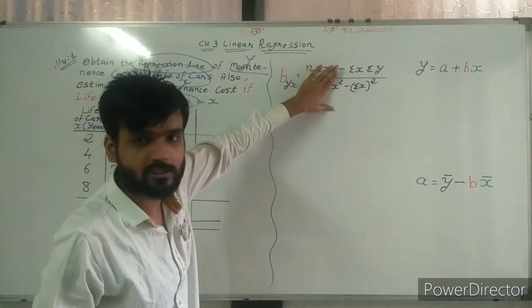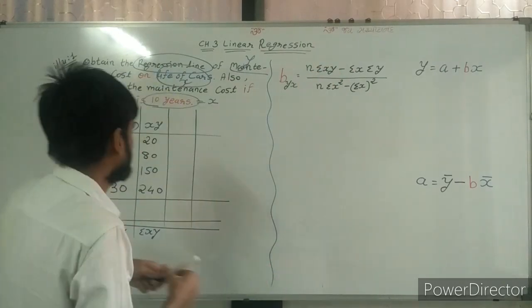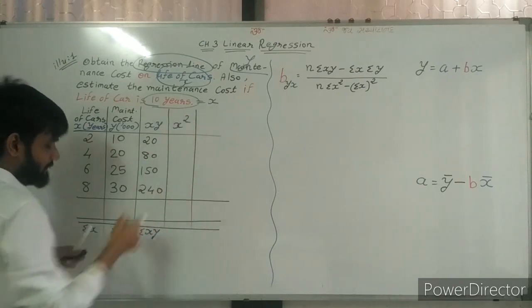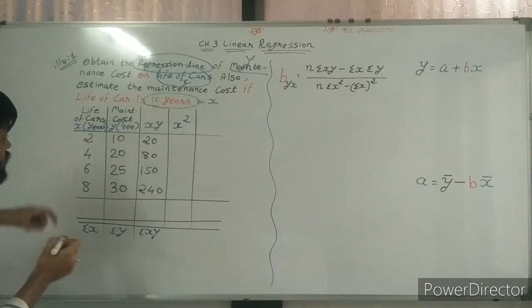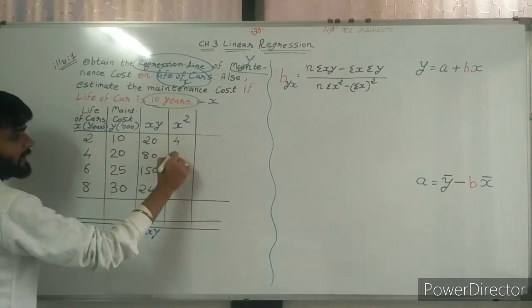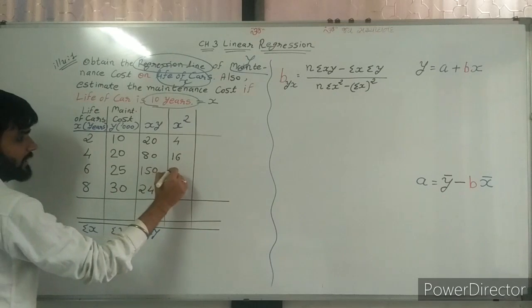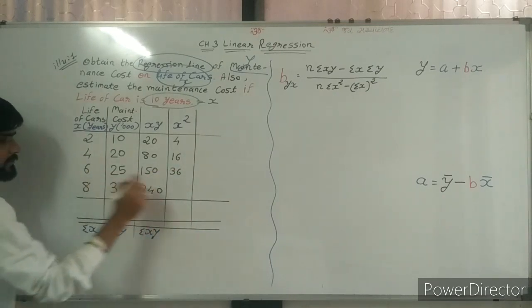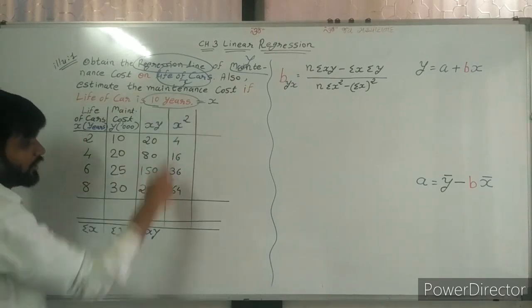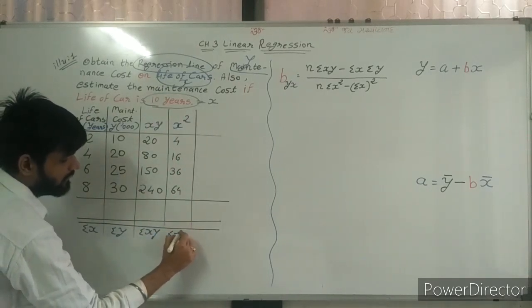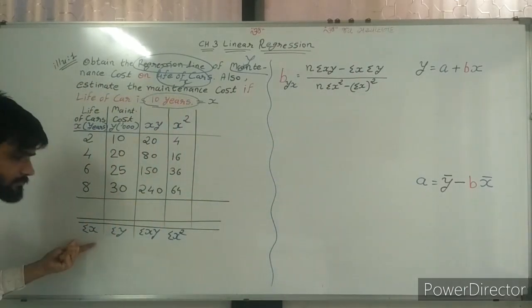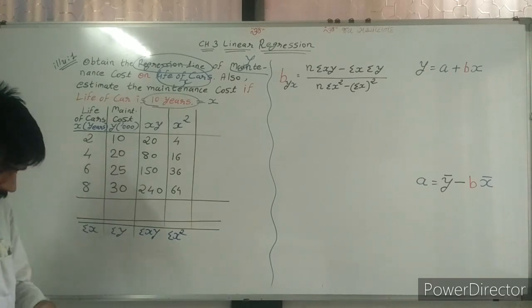First find x square: 2 square 4, 4 square 16, 6 square 36, 8 square 64. Total of this is sigma x square. Sigma x whole square, sigma x is here. Simplest one.